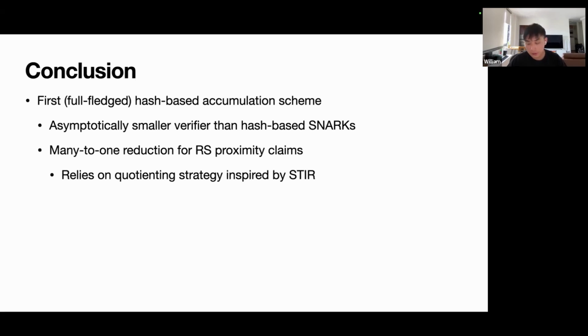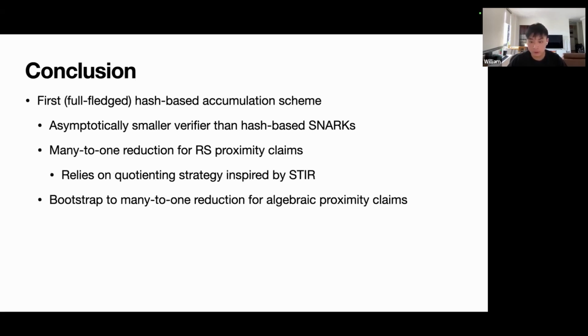Then we use this many-to-one reduction for Reed-Solomon proximity claims to bootstrap to a many-to-one reduction for general algebraic proximity claims. And this is what lets us get something more interesting than just hash-based SNARKs.